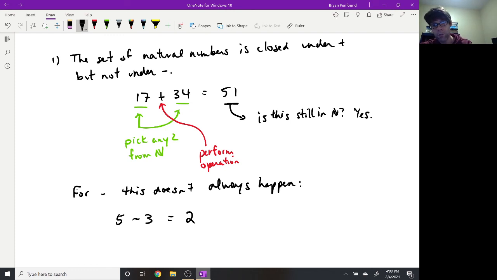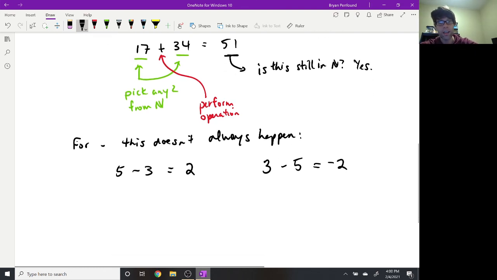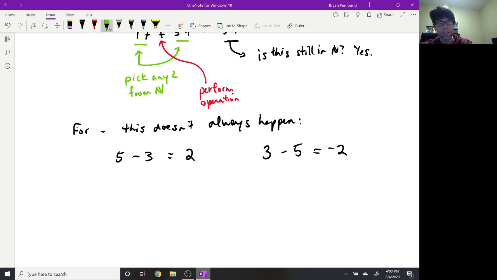So, for example, if we take the smaller number and subtract the larger number in this particular case, we end up getting -2. And -2 is not inside of n anymore. It's actually now an integer. Okay, so sometimes it works.